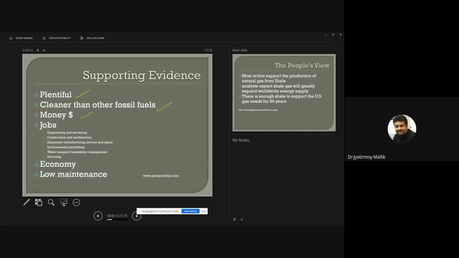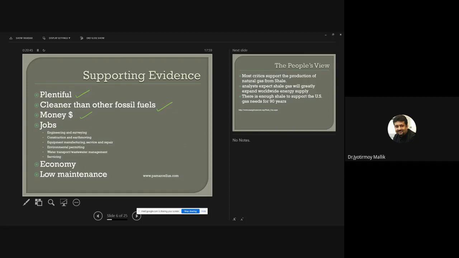If you compare a well drilled for shale gas onshore to something drilled in the Gulf of Mexico in deep water, the latter is at least 25 times more expensive. So it's easier, and the operation is also safer. You don't deal with a lot of pressure and all.